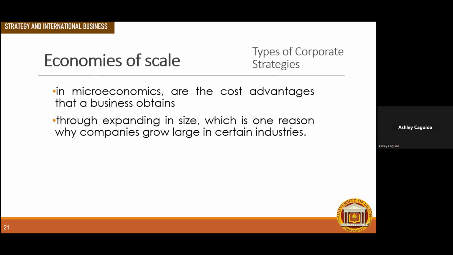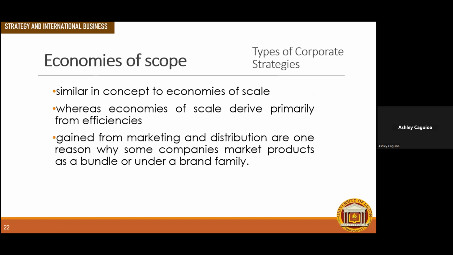Next, we have economies of scale. In microeconomics, these are the cost advantages that a business obtains by expanding in size, which is one reason why companies grow large in certain industries. Next, we have economies of scope.